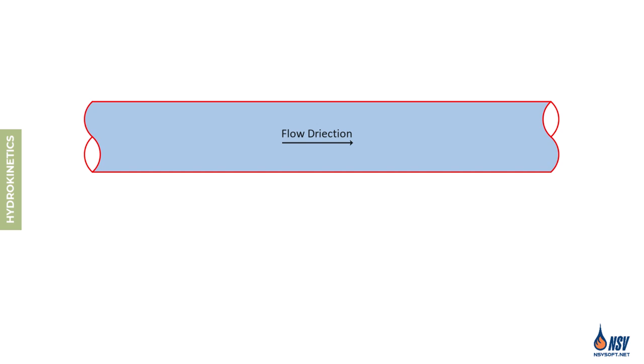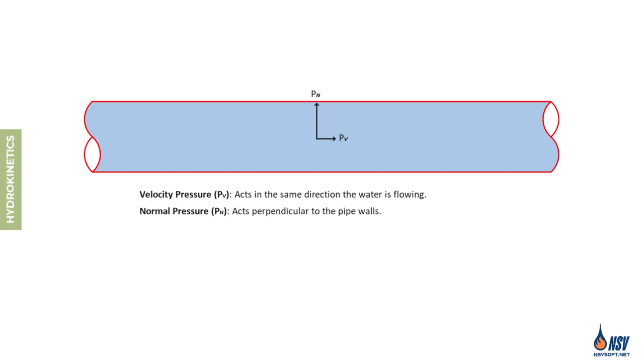Now let's break down the three types of pressure that exist in moving water inside sprinkler piping. First, we have what's called velocity pressure. This type of pressure acts in the same direction the water is flowing. It's directly tied to the kinetic energy of the moving water. The faster the flow, the greater the velocity pressure. Next is normal pressure.